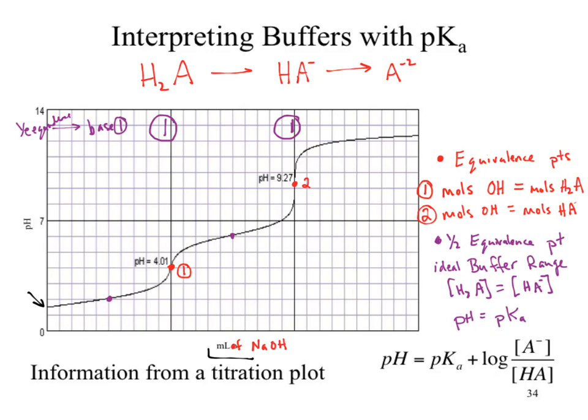Okay? So we have 2 equivalence points, which then means if we go back and look at this, for our first equivalence point, these 2 statements are true. Let's call it A. But what happens when I get to the second equivalence point?